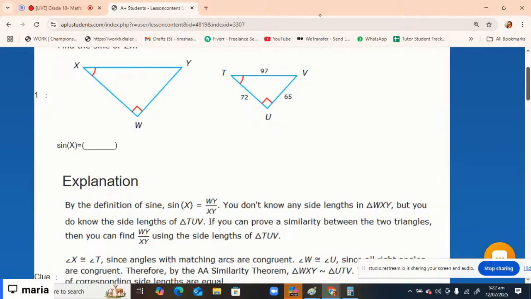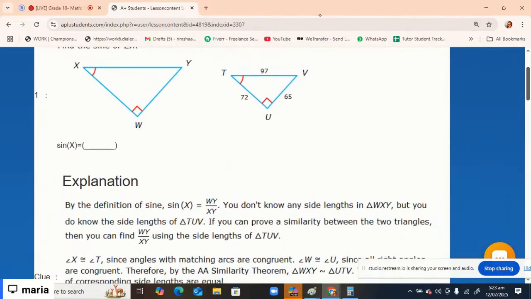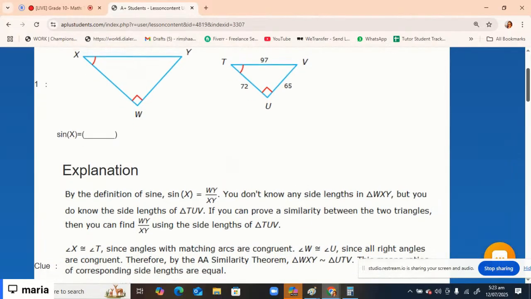So angle W is congruent to angle U. Now since all the right angle triangles are congruent, by the angle similarity theorem, we can say that if two angles are equal, their triangles are also similar. So triangle WXY is similar to triangle UVT.